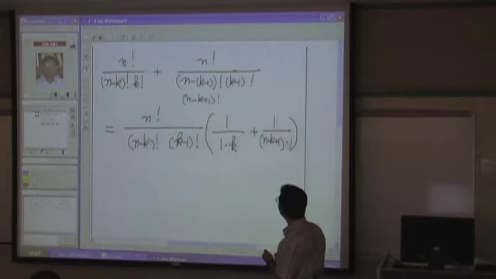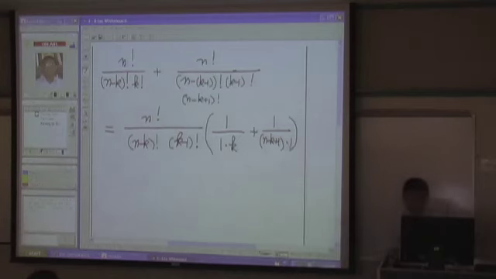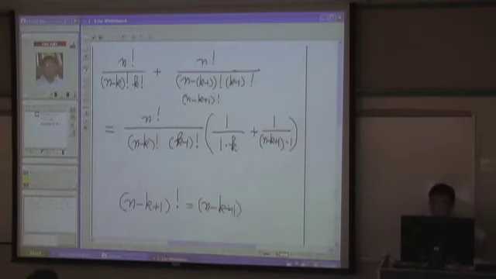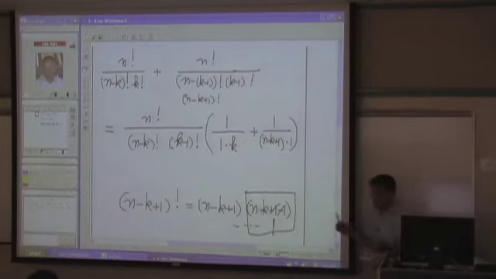I thought it would just be n minus k. So I will write down n minus k plus 1 factorial equals n minus k plus 1. And then what is one number smaller than this one? N minus k plus 1 minus 1, right? One number smaller than this, and so on, all the way up to 1. So this number is called n minus k factorial.